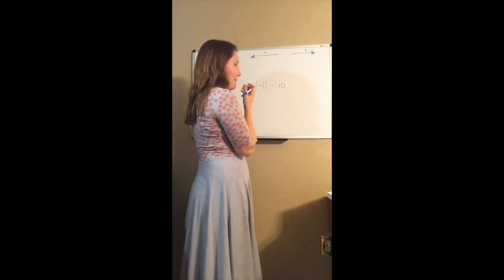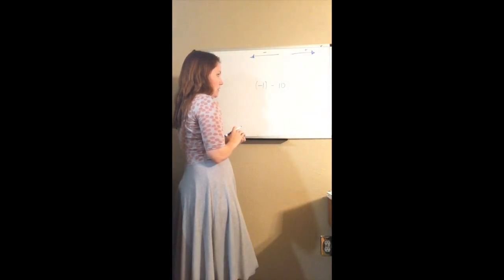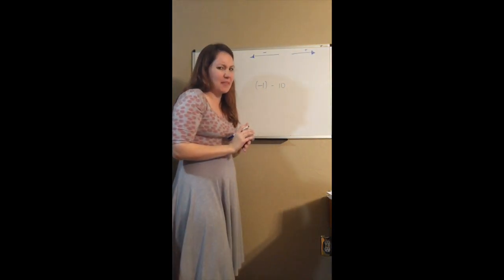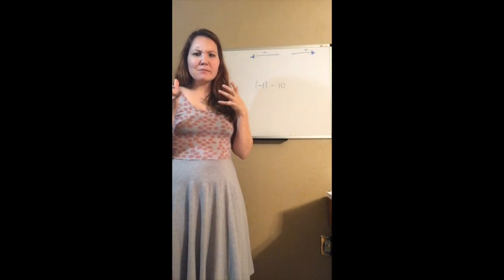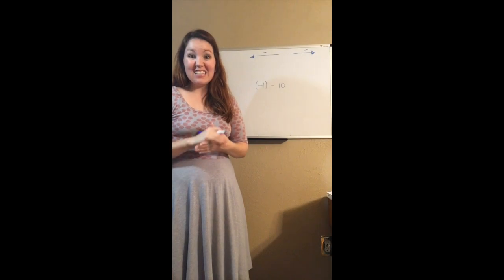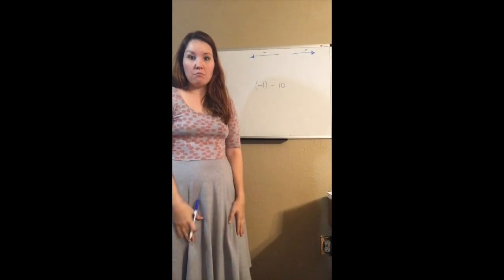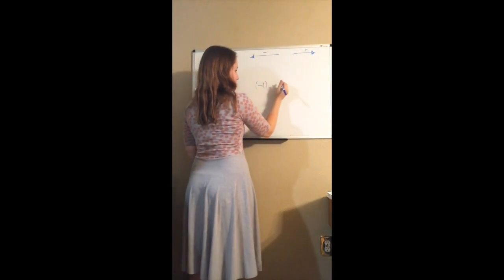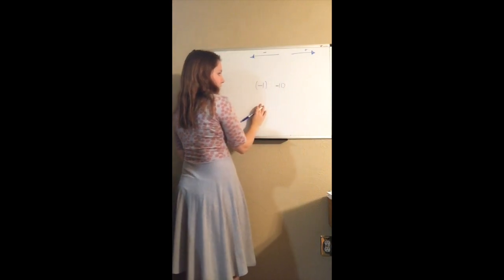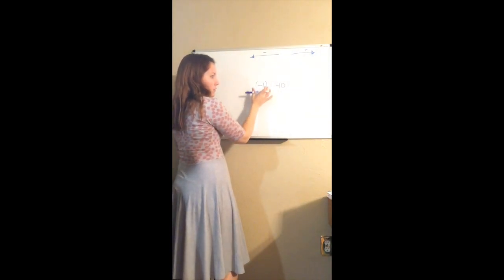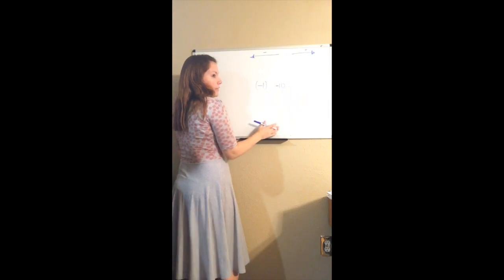Negative 1 minus 10. We kind of have to start thinking of these not as adding and subtracting. Instead, let's look at them as just positive and negative numbers. So I'm going to make this a negative. So we have negative 1, negative 10.